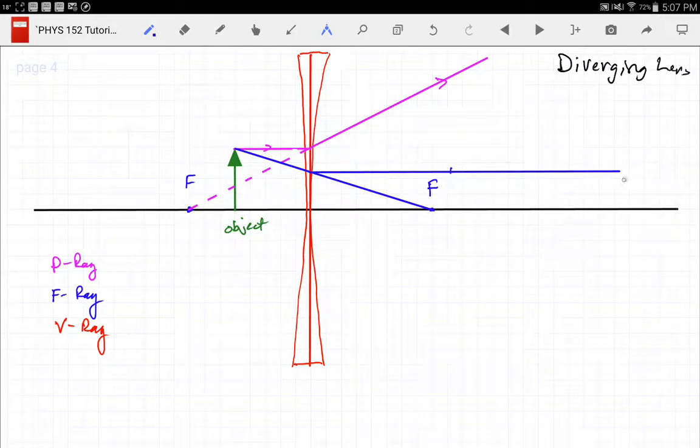So it's actually going to come out parallel like that. But if it's doing that, then I actually have to look at my projection backward. And so here I have my projection coming back. And just like before, I'd better do something so we can tell what's a projection and what's an actual ray.